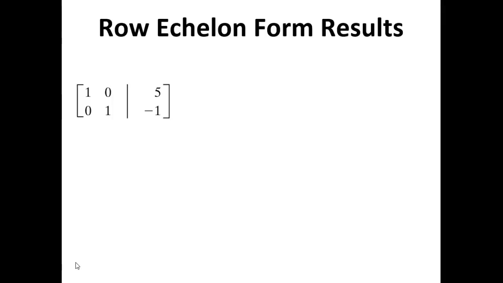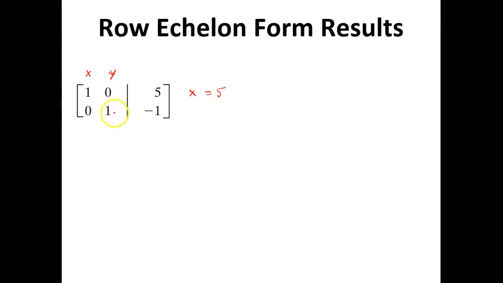Well, keep in mind this first column represented x and then y. So this 1 right here would be a 1x. This is saying in our system of equations, x plus 0y, or plus nothing, is equal to 5.